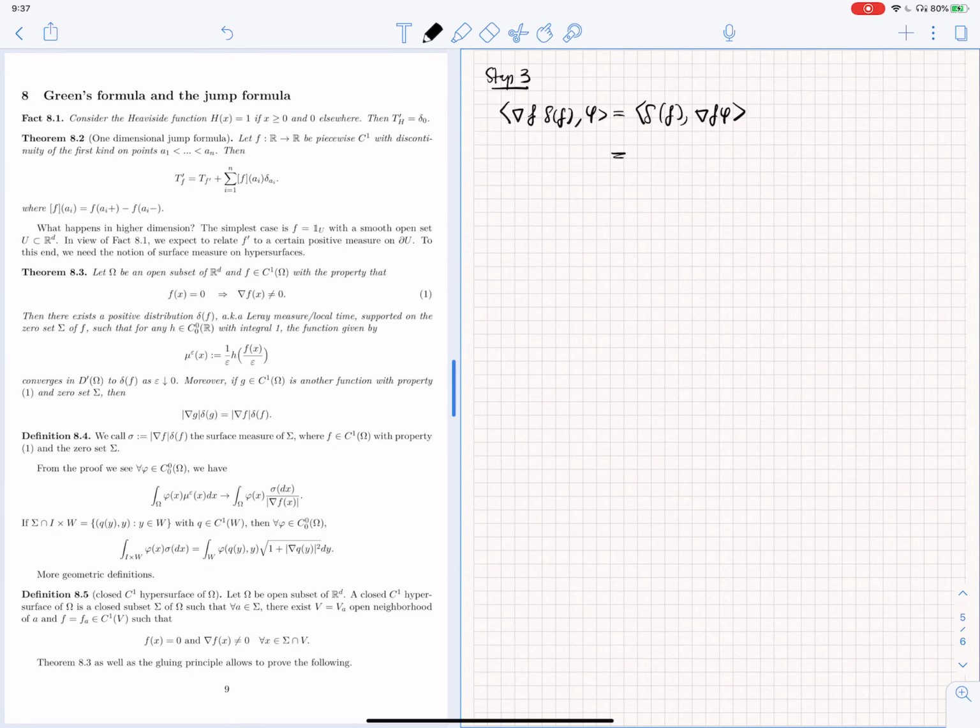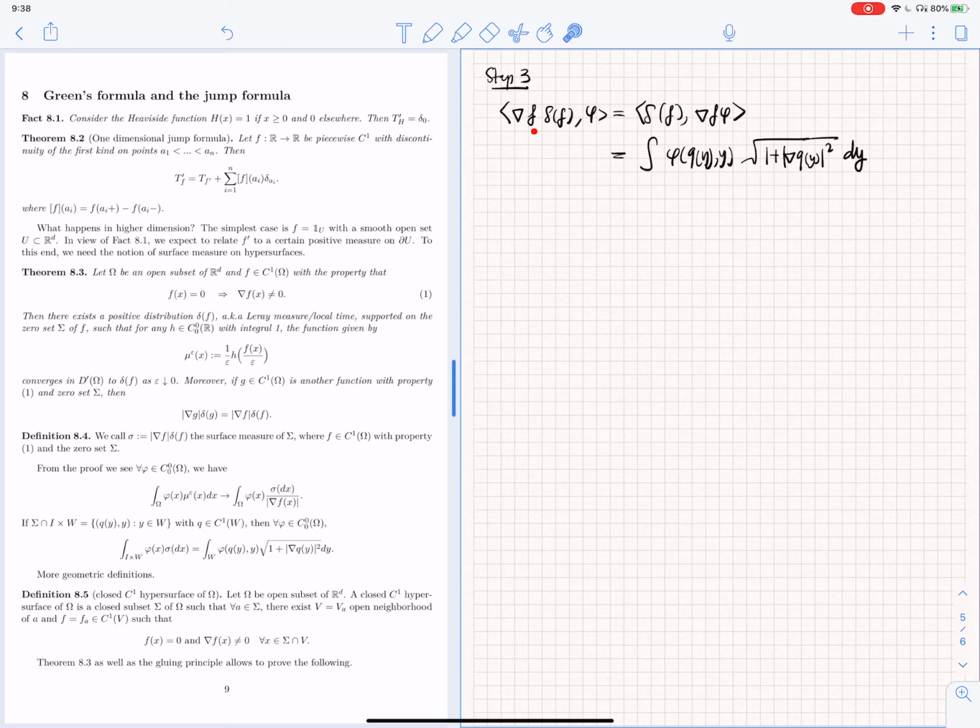We end up having the integral of phi of q of y times square root of 1 plus the Euclidean norm squared of gradient of q of y, dy. And this is what we have. And we realize this right-hand side actually does not depend on f at all.